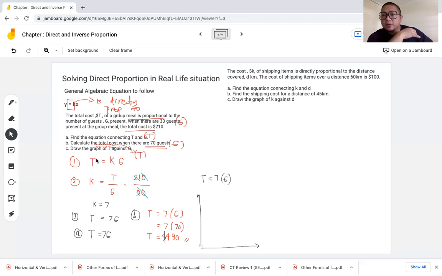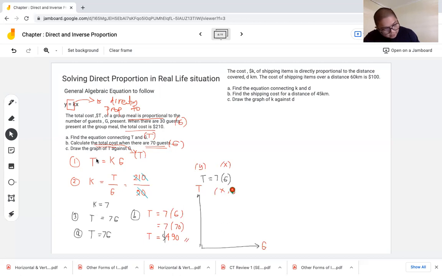So how are we going to get this one? Remember that this T and G represent Y and X, okay, in reality. So if you are going to have the graph, the X-axis will represent the G, and the Y-axis will represent the T. And the points for the coordinates, as we know, are going to be X, Y.